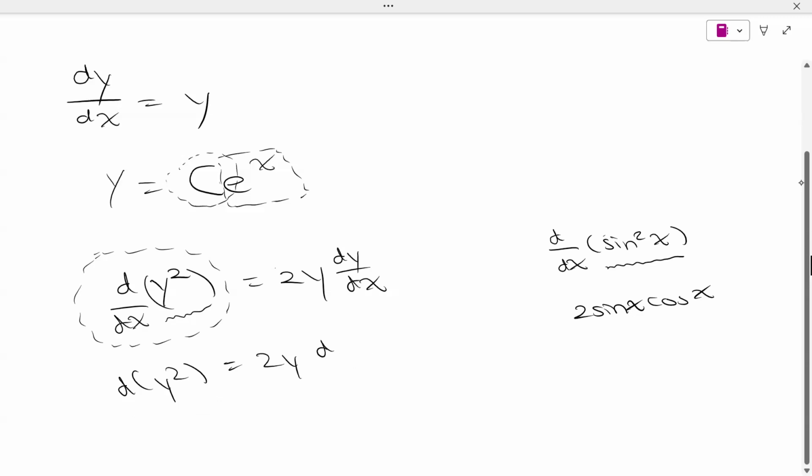Now, what's the relevance of that? Okay, go back to our initial equation.